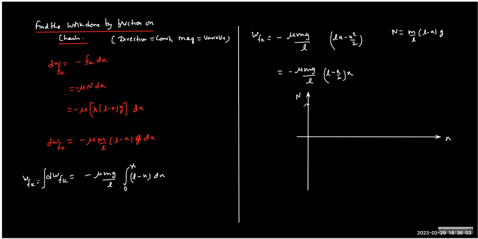So N will have a decreasing graph. And when x is L, it is completely 0. So normal will decrease linearly. Can you see that?